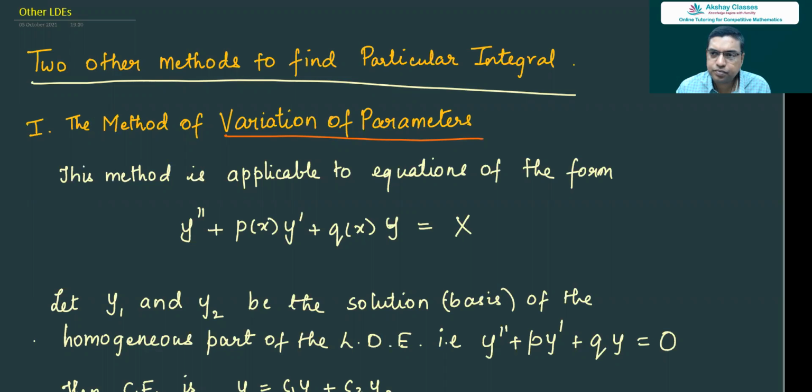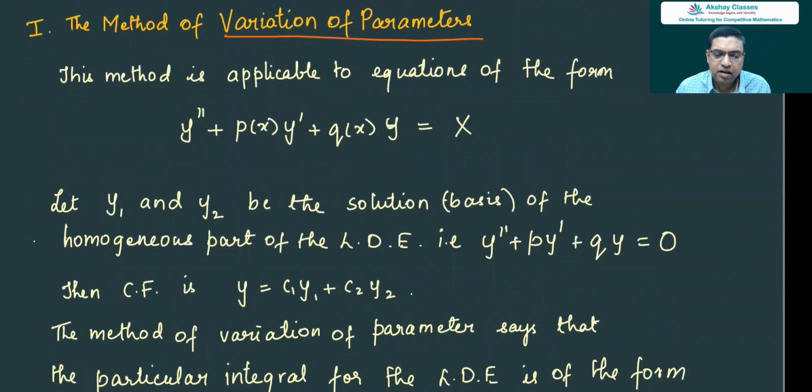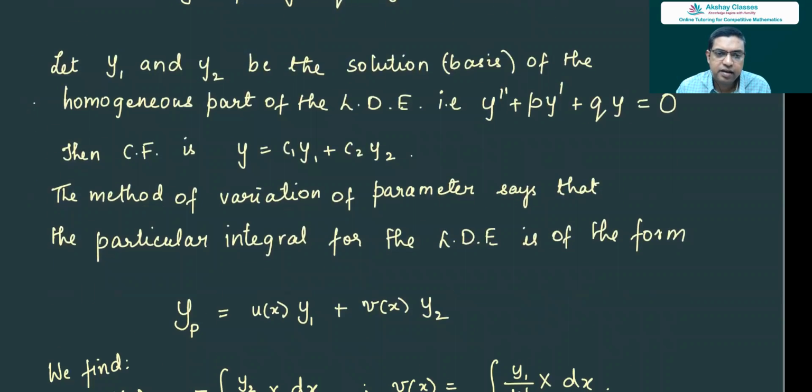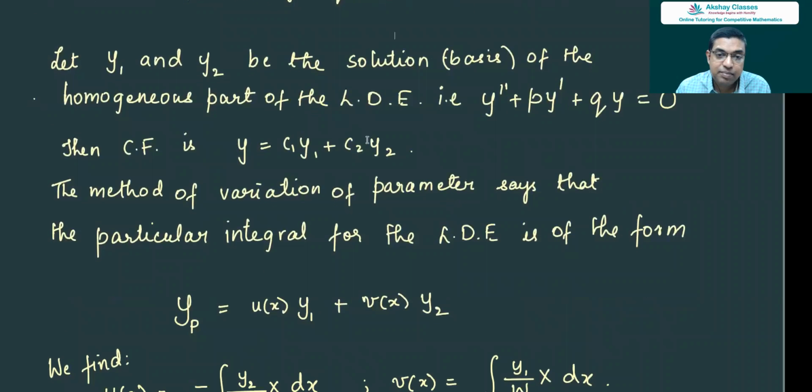The basic concept is, if our complementary function is c1y1 plus c2y2, then we change the parameters c1 and c2 to functions of x, u(x) and v(x). And our particular integral will be in this form, u(x) times y1 plus v(x) times y2.